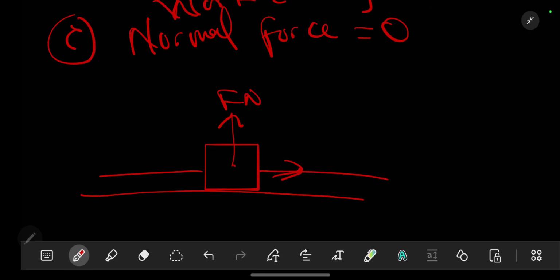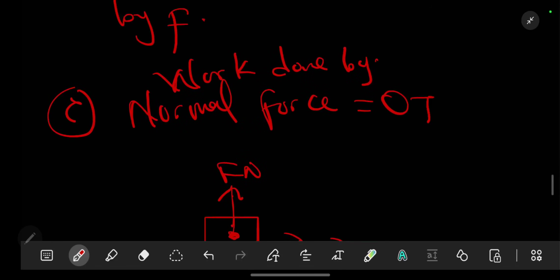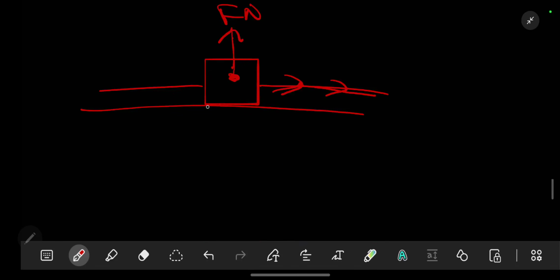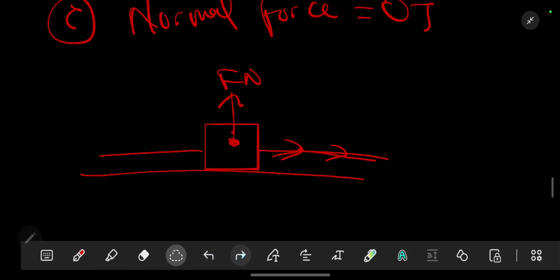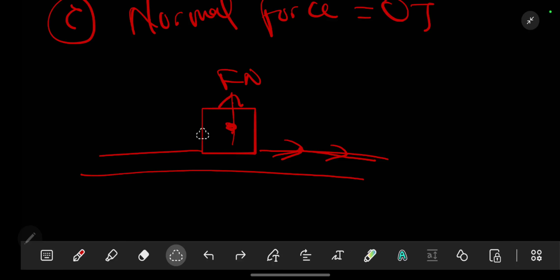So therefore, the work done by the normal force, it was acting up, but the block was moving in this other direction. Therefore, the work done by the normal force is equal to 0 joules, because unless the contact there was moved or something, that is when we can have work in such a scenario.